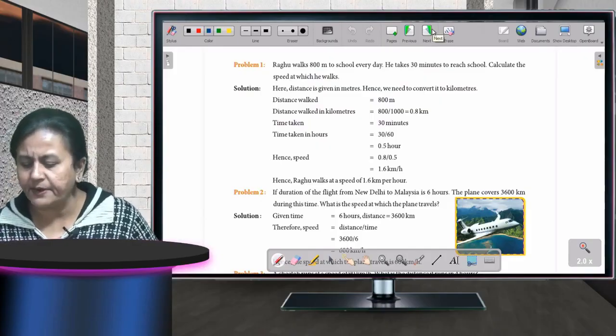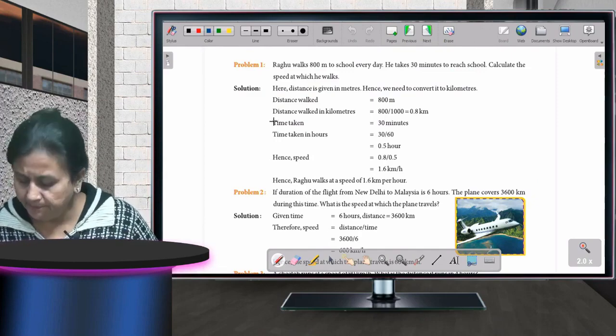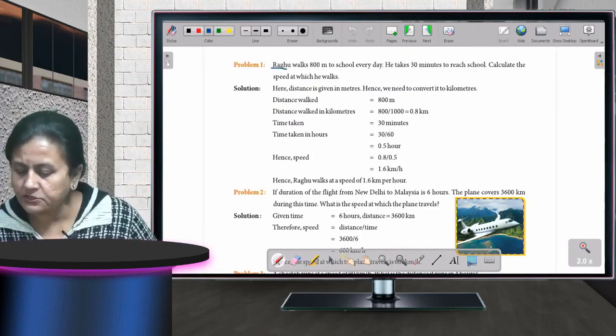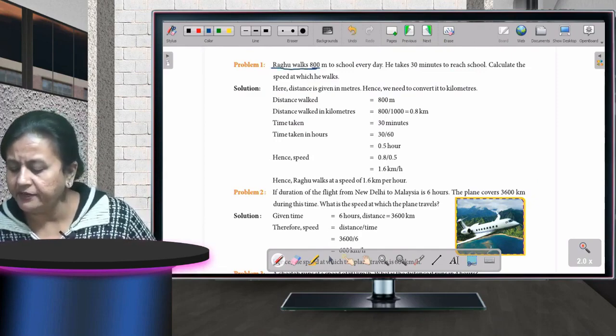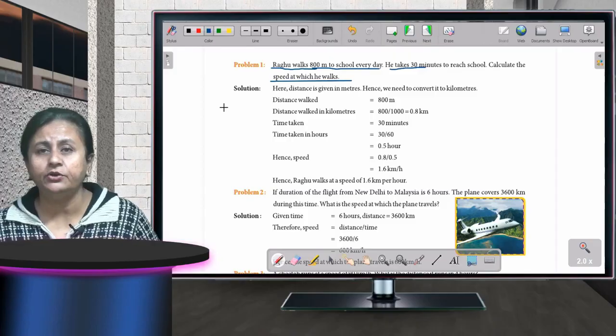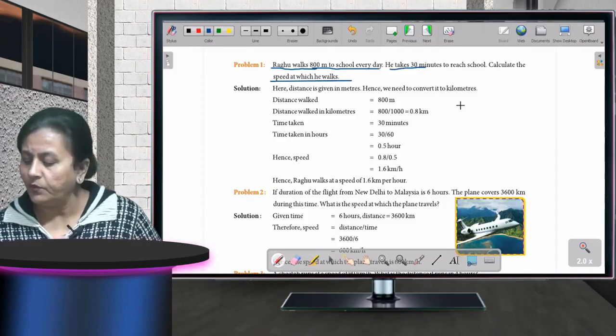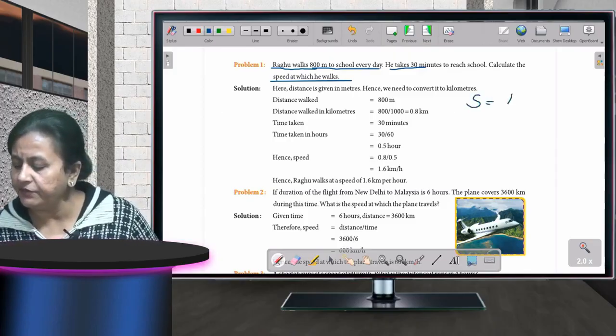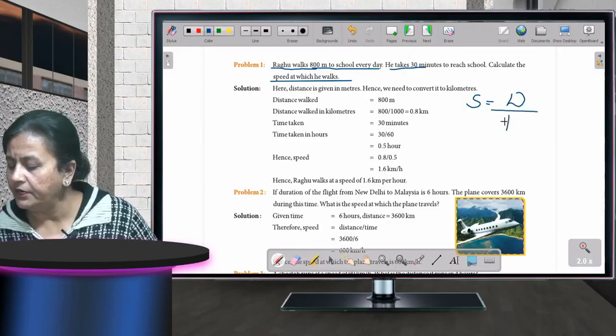Now, there are some practical problems. These are very simple. I'll explain only one. See, Raghu walks 800 meters to school every day and he takes 30 minutes. You have to calculate his speed. What is the formula for finding speed? Speed is equal to distance travelled upon time taken.